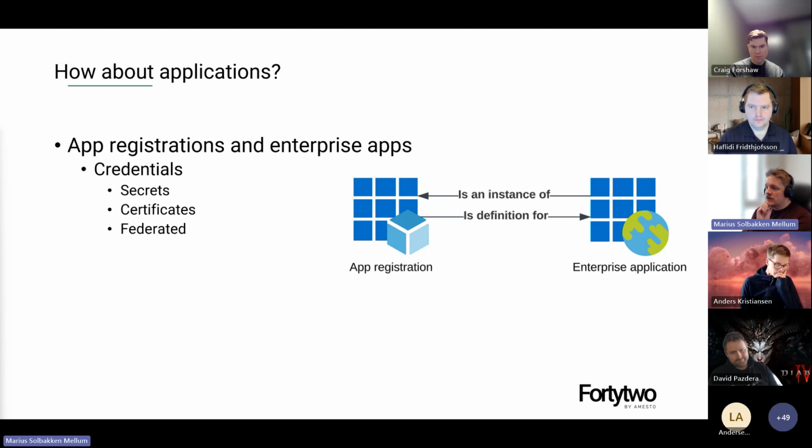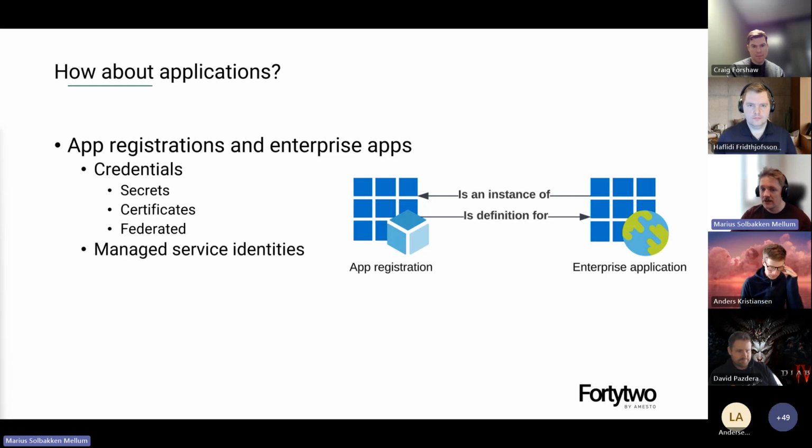An app registration can have credentials, secrets, certificates, and federated credentials. And we have something called managed service identities, where you have different Azure resources. For example, an Azure function or a logic app can have its own service principal. Service principal and enterprise application are essentially the same, at least for the purpose of this talk.